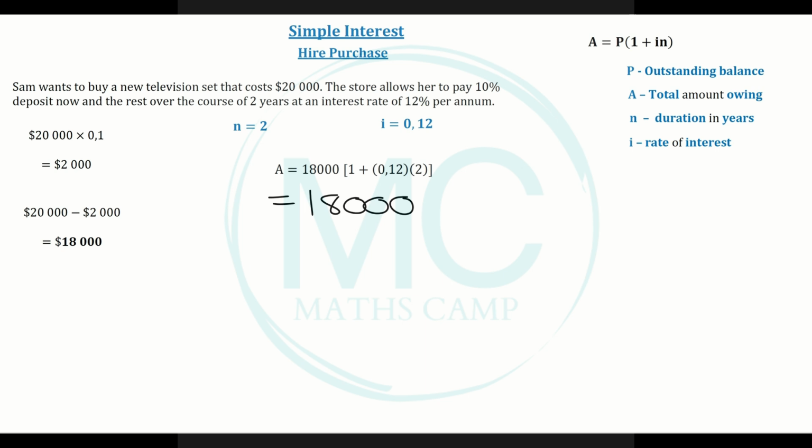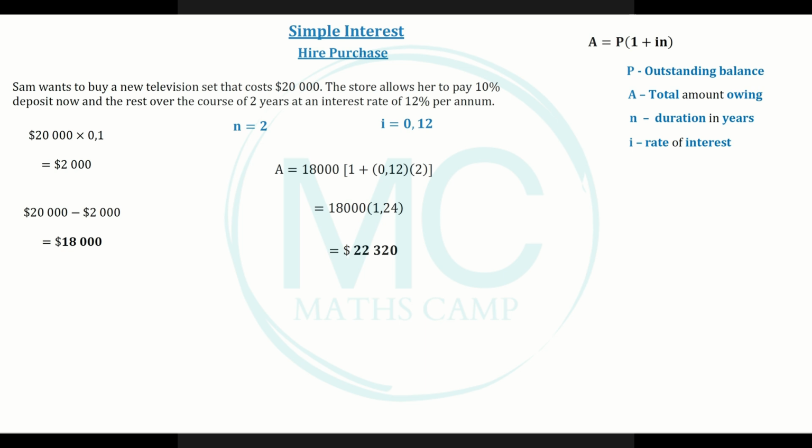Inside the bracket, let's multiply I and N. 0,12 multiplied by 2 gives us 0,24. Add 1 and we get 1,24. Now we can multiply this bracket over here by 18,000, and we get an answer of $22,320. This is the amount that Sam still owes the store.